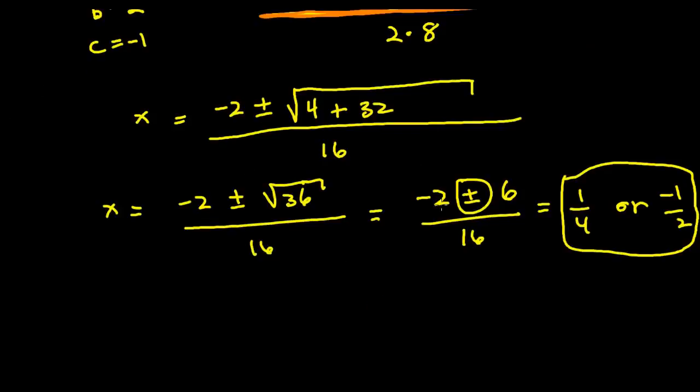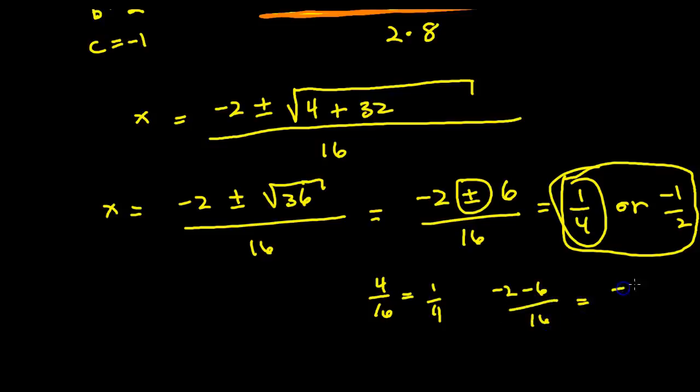If I've got minus 2 plus 6, that's 4 over 16, and that reduces to 1/4, which I've got here. And minus 2 minus 6 over 16, that's minus 8 over 16, and that reduces to negative 1/2, which I've got listed here, okay?